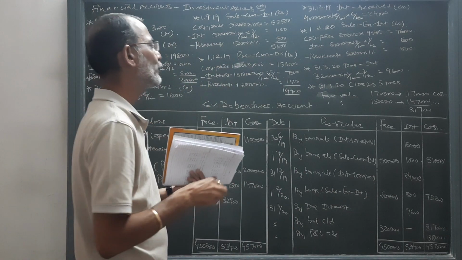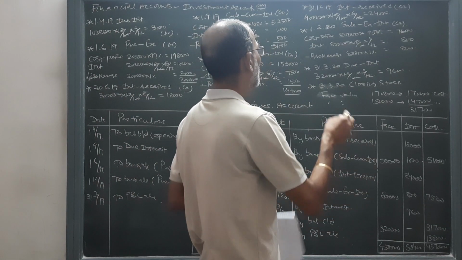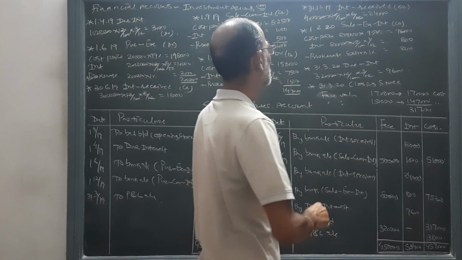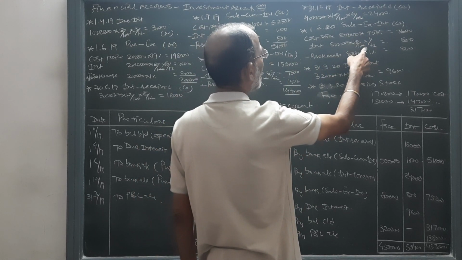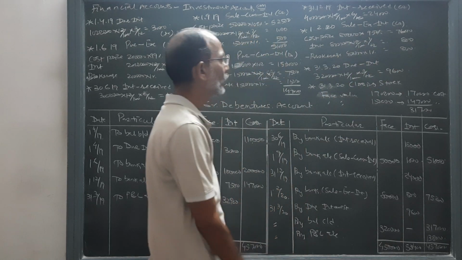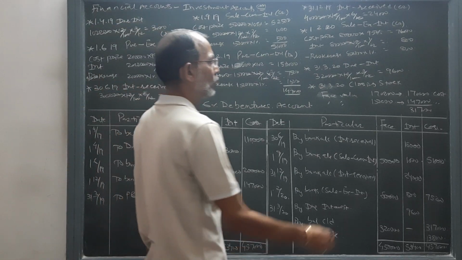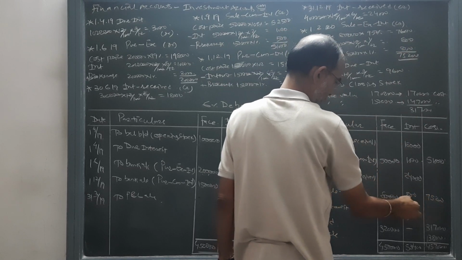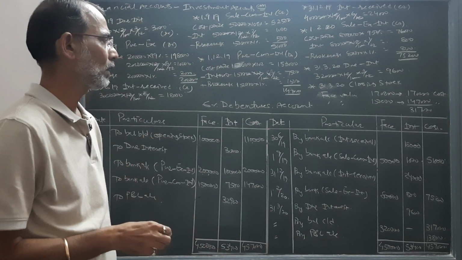Then on 1/2 a cum interest sale has been done, face value 80,000, and cost price at 95% came to 76,000. Interest on 80,000 for 1 month at 12% came to 800. Brokerage 1% of 80,000 came to 800. Now there is a sale, so brokerage will be subtracted, and cost price will come to 75,200, interest 800, and face value or nominal value 80,000.